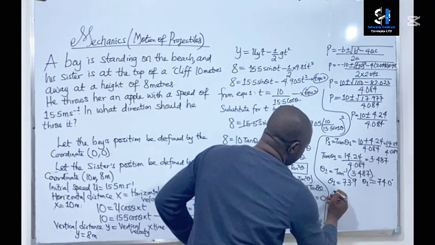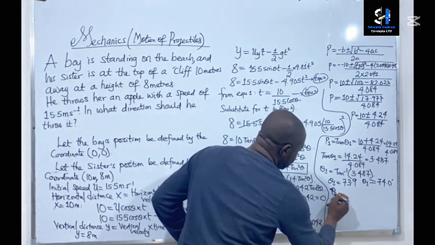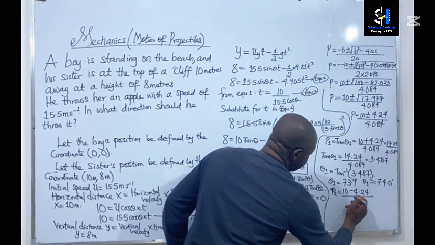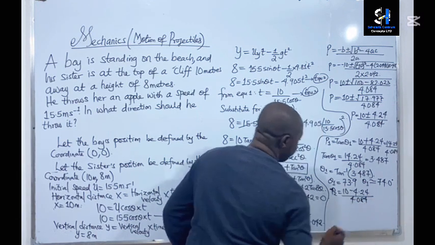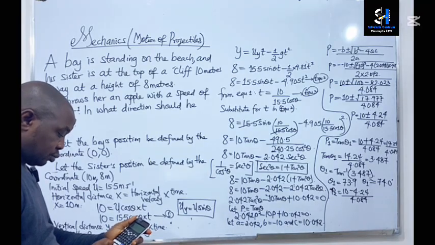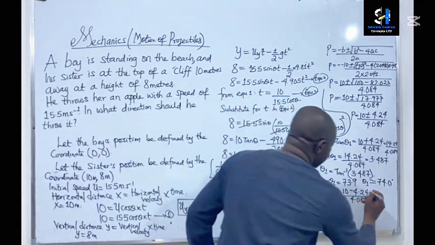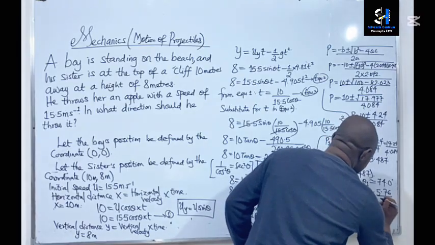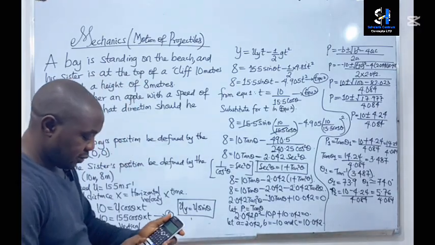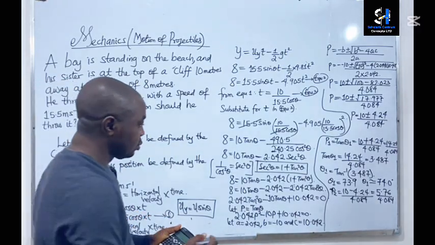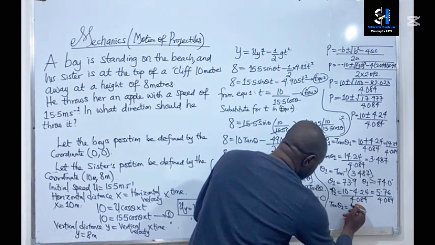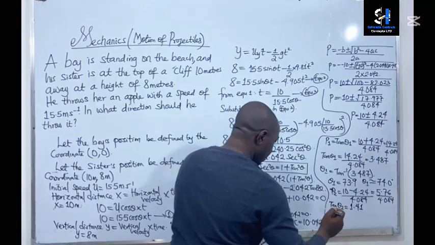All right, so the second angle. We use again, the second P will be 10 minus 4.24 divided by 4.084. Now that will give us 5.76 divided by 4.084. So P2, we know P2 to be tan theta 2, which is 1.41.